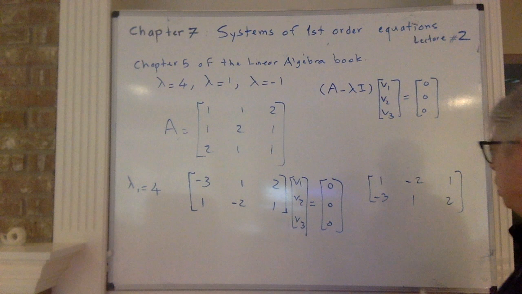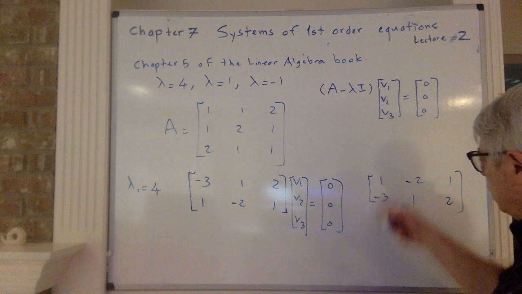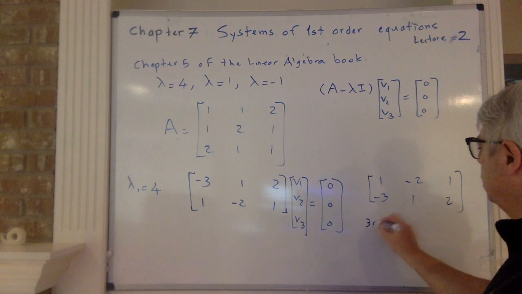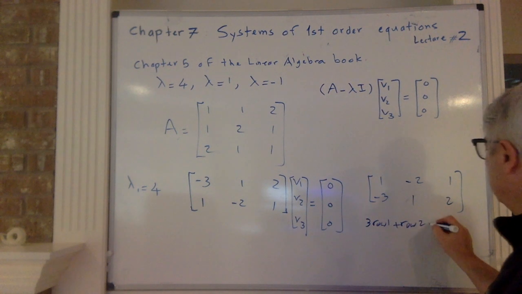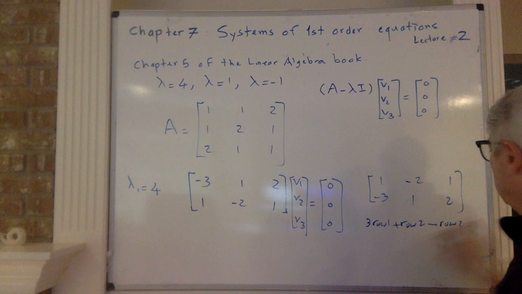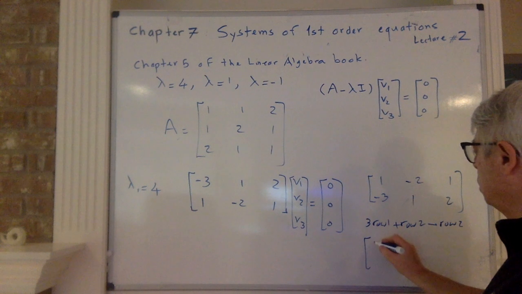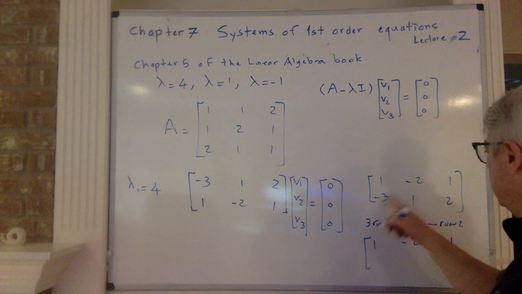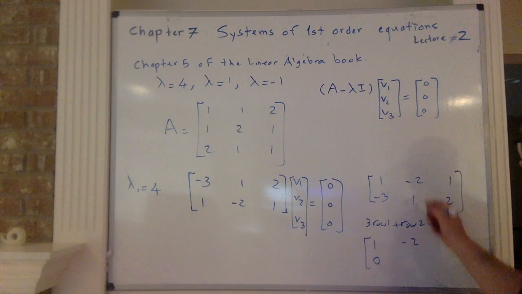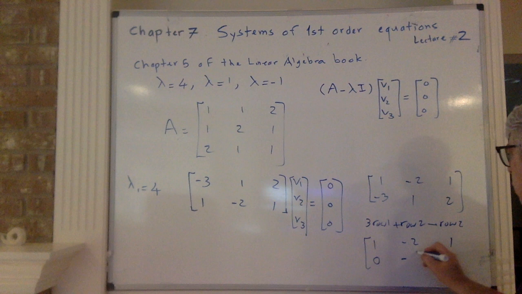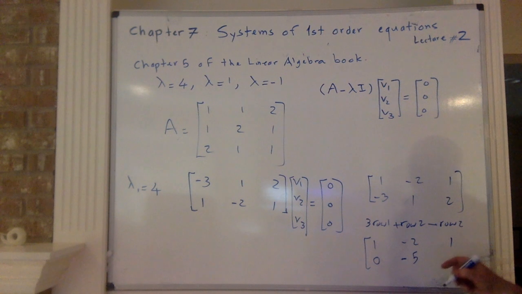Let's reduce it. If I multiply this by 3 and add, so 3 row 1 plus row 2 goes to row 2. Let's see, 3 times this, so I have 1, minus 2, 1. This will be 0. 3 times minus 2 is minus 6, that's minus 5 here. 3 times this, 3 plus 2 is 5.